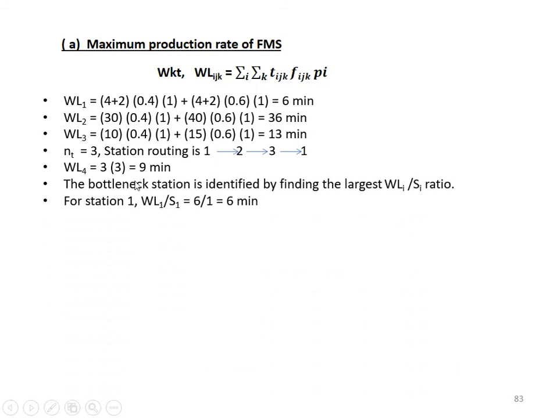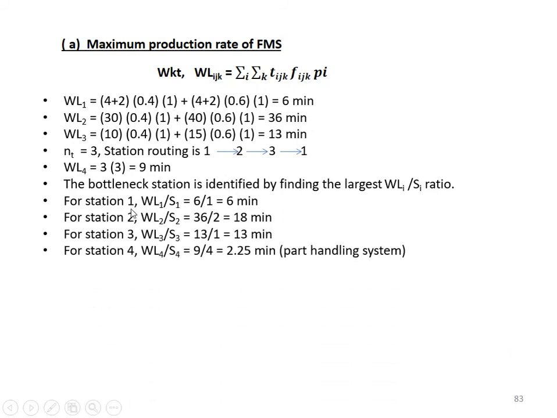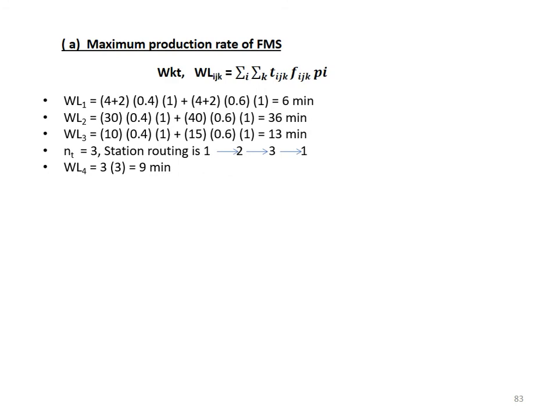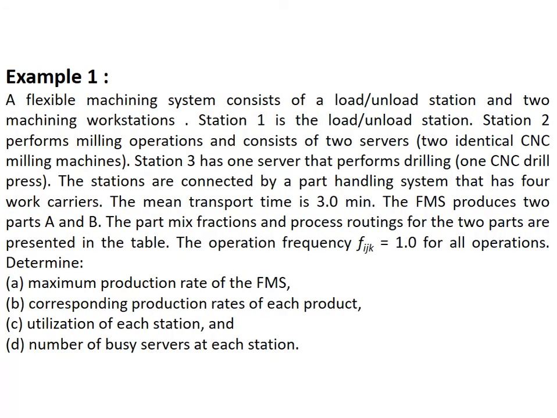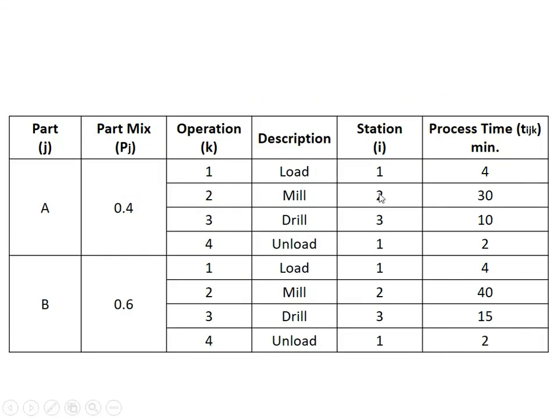The bottleneck situation can be known by calculating the ratio. Si is nothing but the number of workstations. As you know, at station 1 how many workstations do we have? As you can see here, station 1 has 1, station 2 has 2, and station 3 has 1, but station 4 has 4.